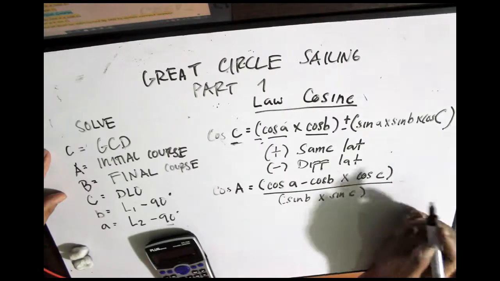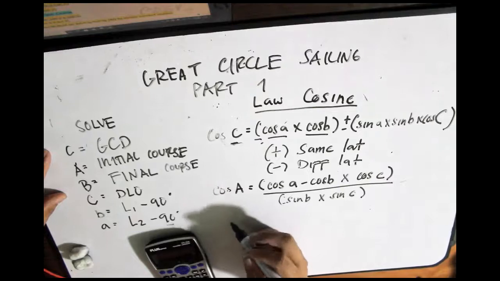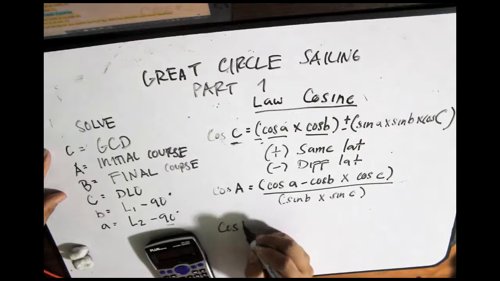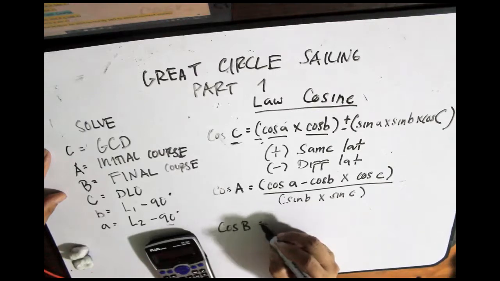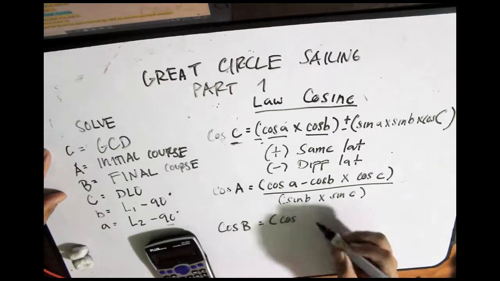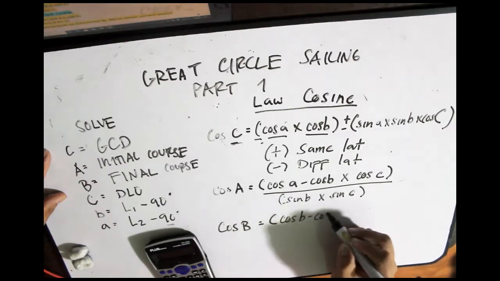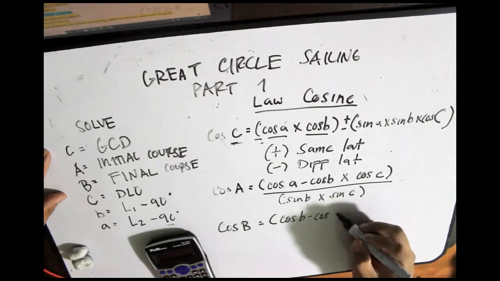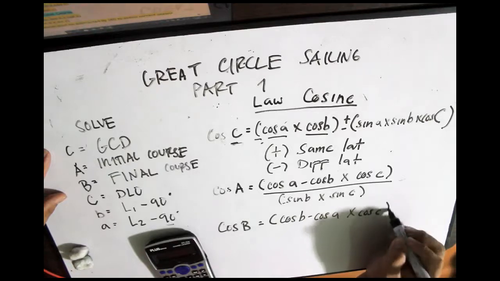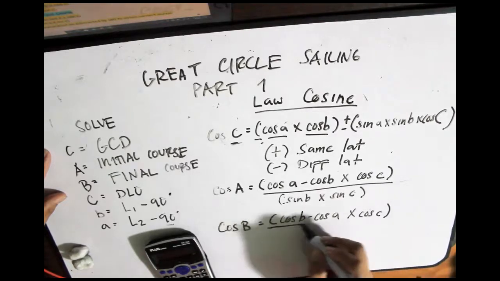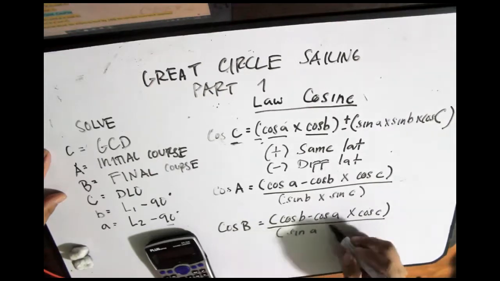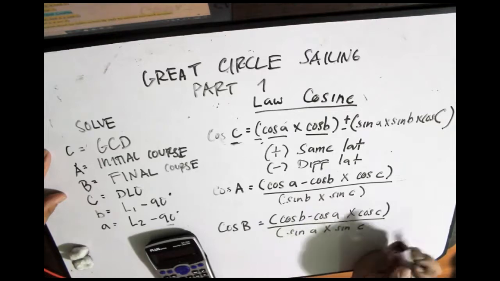Okay, and for solving for the final course, we will use the law of cosine. Okay, cosine B is equal to open parenthesis cosine B minus cosine A, okay, times cosine C, yeah, close parenthesis, divided by sine A times sine C na small letter.